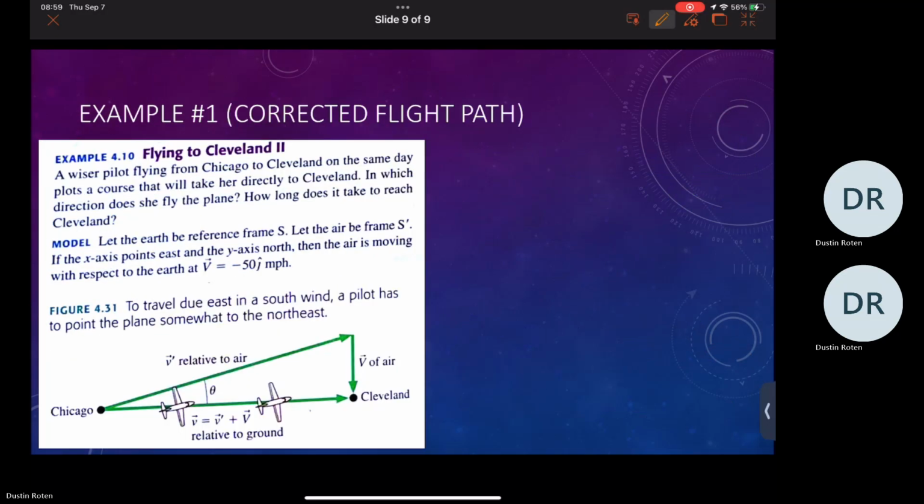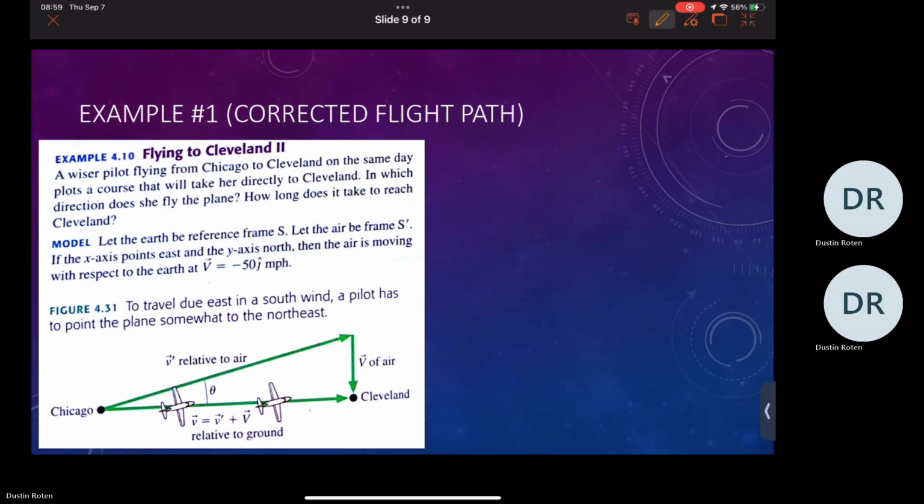Okay, let's think about how we can correct this. A wiser pilot was flying the same route on the same day, but she remembers to take the wind into account. If she wants to correct her path, it gets a little tricky to think about.